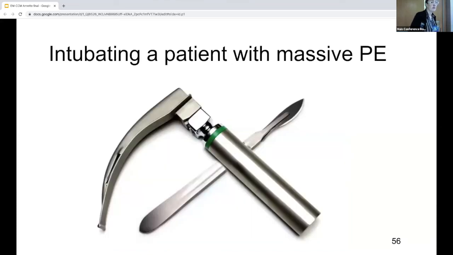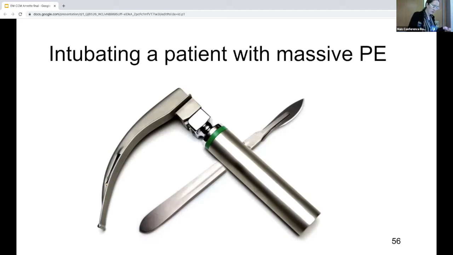Just a few thoughts about how you intubate a patient with massive PE. So basically, don't. Try not to, because intubating the patient can result in hemodynamic collapse. The induction agents can cause vasodilation and worsen the hypotension.